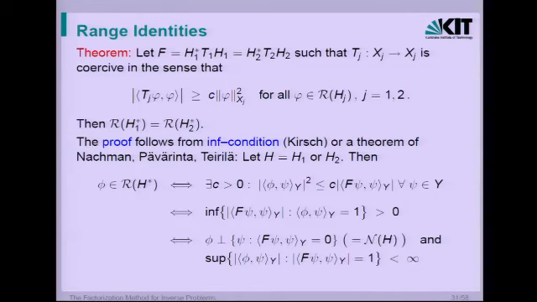The first line is the essential estimate actually. A function is in the range of H* if and only if there exists a constant such that you can bound this quadratic form, F psi, not by psi, but by the inner product between phi and this test function psi, in the norm of Y squared. No?